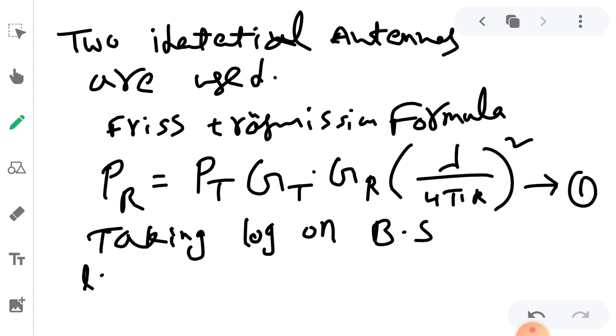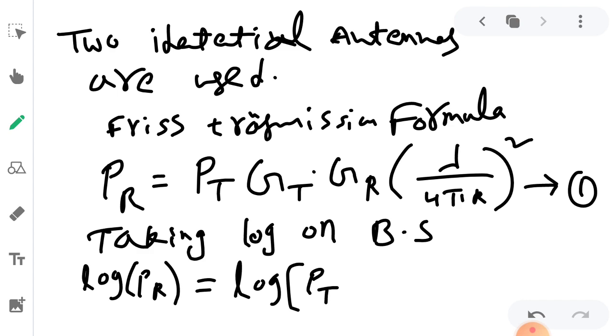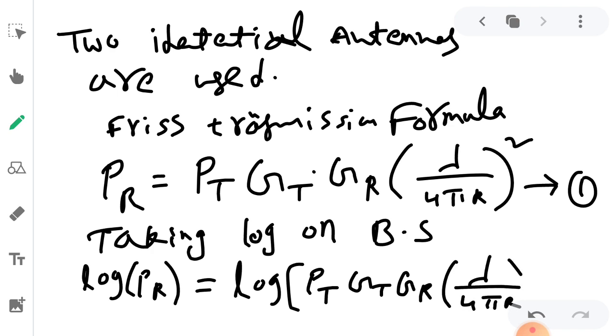So taking log on both sides, we get log of PR is equal to log of PT, GT, GR, lambda by 4 pi r whole square.